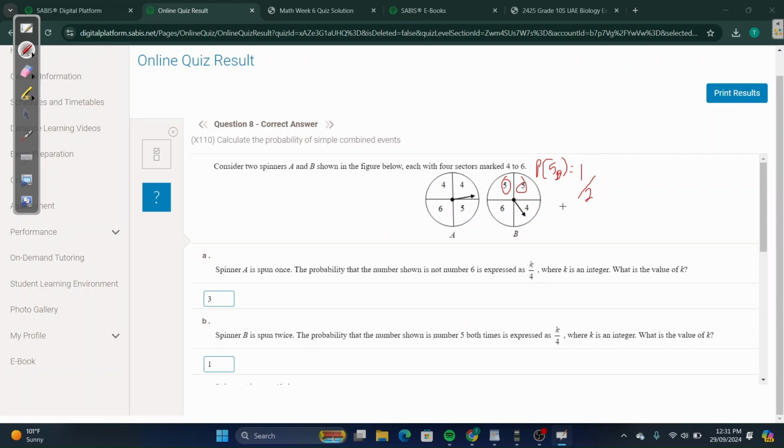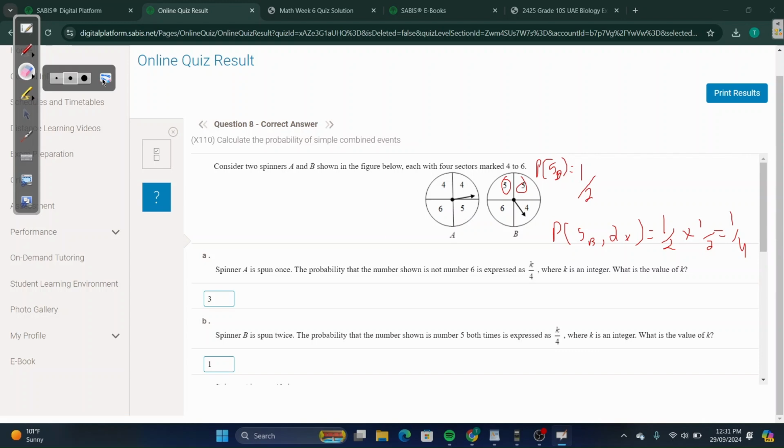So the probability of 5 twice is 1/2 times 1/2, which is 1/4. Now they told you k/4, where k is a constant, so k would be 1.